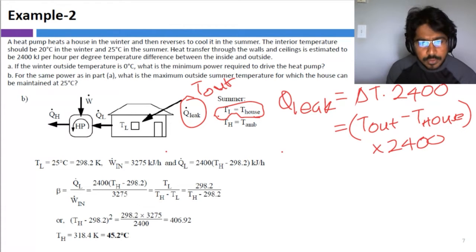The temperature of the house is known. It is 25 Celsius, right? So we don't know the T out yet.